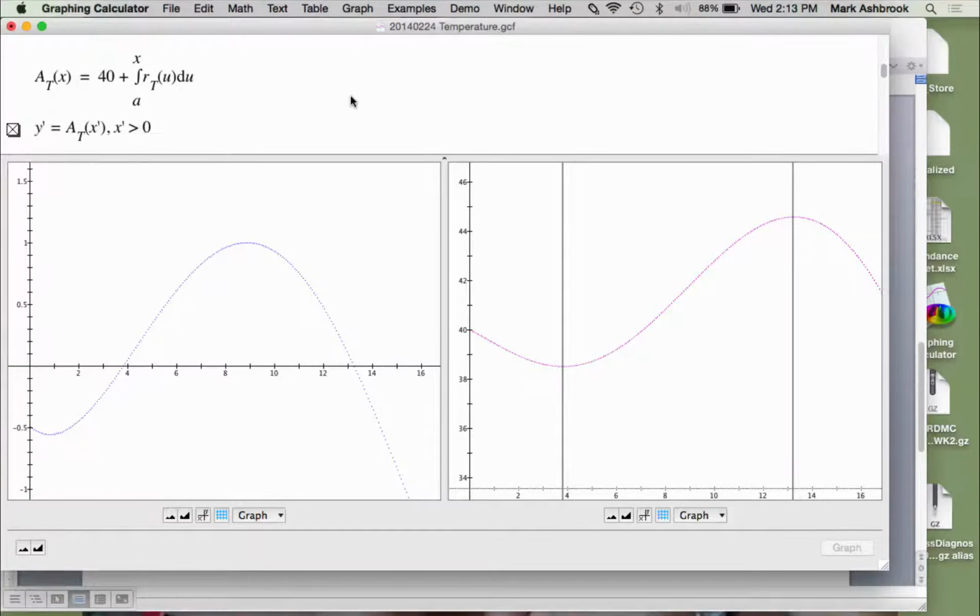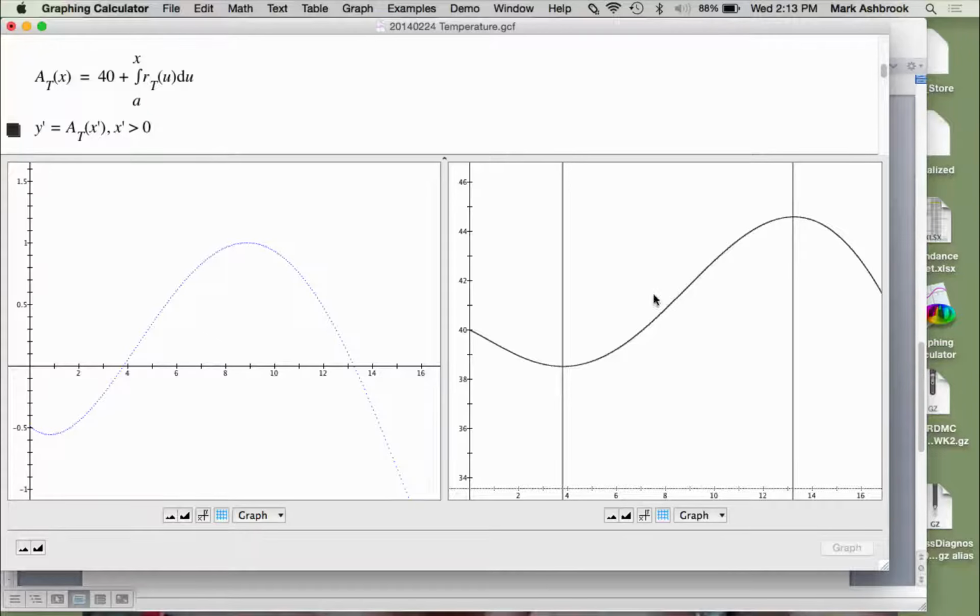Okay, so now I'm going to graph that function you just wrote. So there's the integral function.